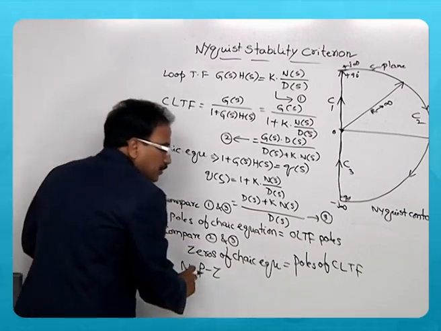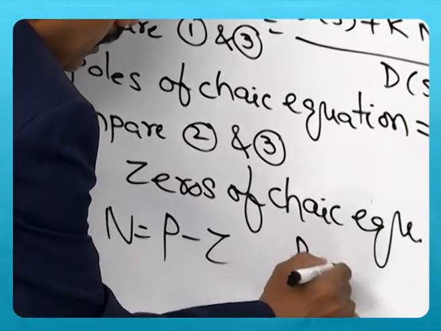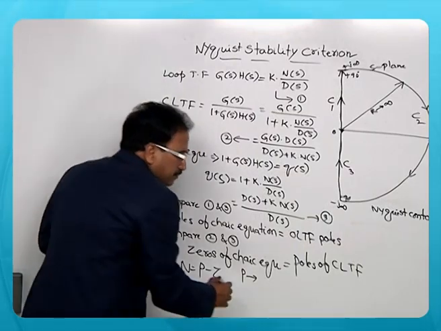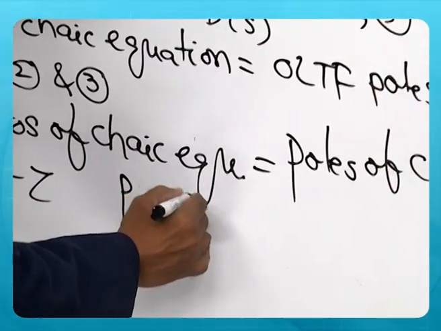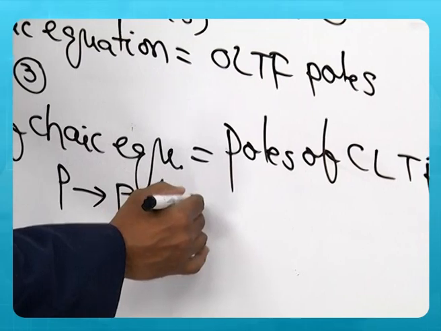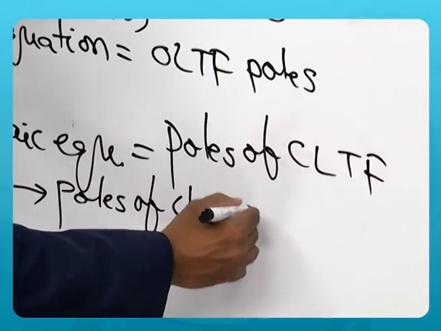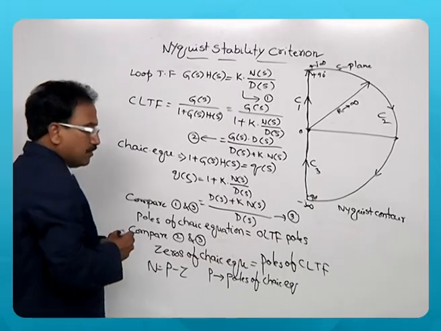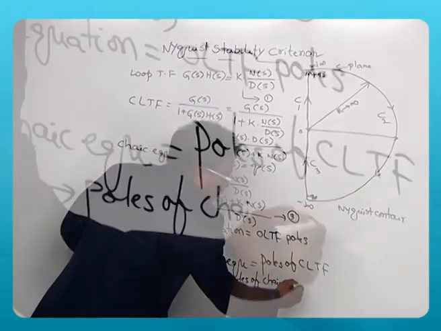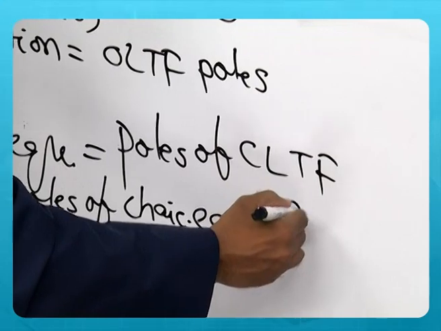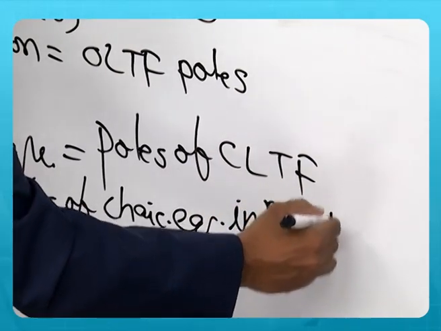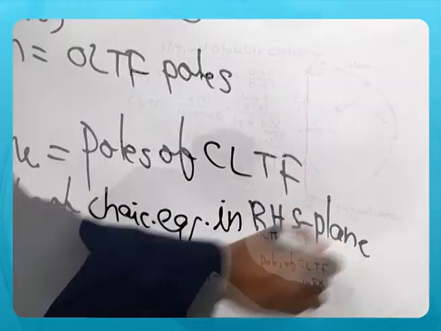Very important to remember that P here is nothing but poles of the characteristic equation in the right half of the S-plane, because that is our interest.